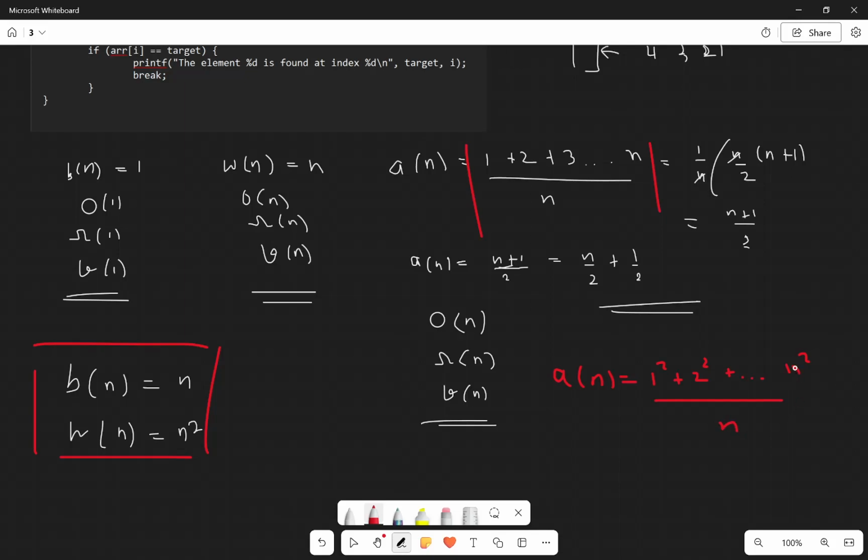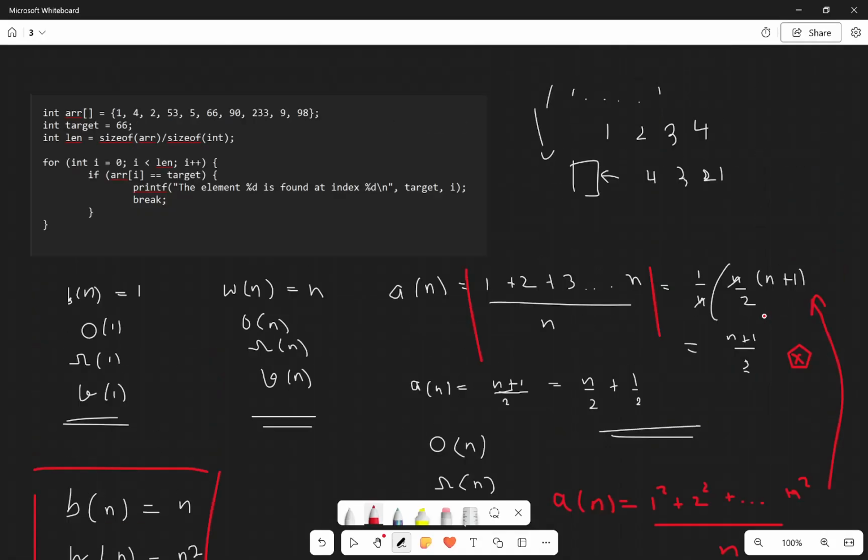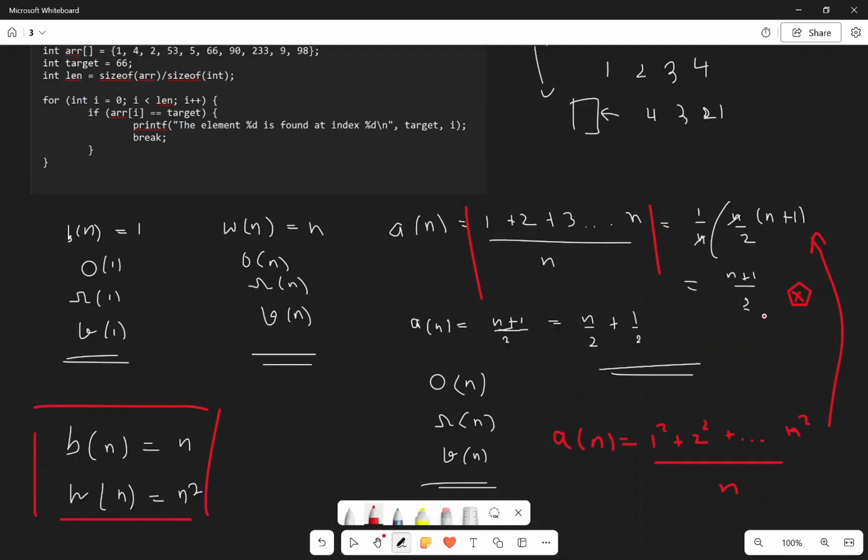You always divide it by the number of elements. The only thing you have to change is to figure out the number of steps to get each element, then sum them up, and then find the average. So this one will not simplify into this. That will not happen. Okay, so those are the areas you might mix up.